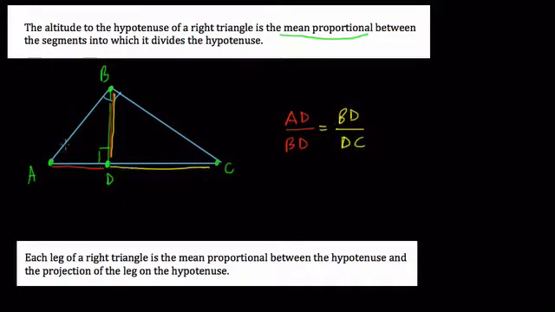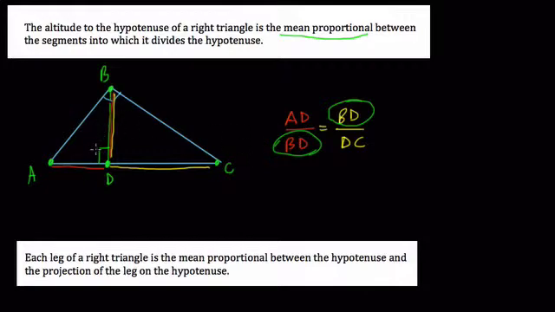You can see that in this right triangle, that was just the ratio of the two legs of the small right triangle, ABD, equals the ratio of the legs in BDC. We're just saying the ratios of the legs are equal. And it's mean proportional again because the two means are both BD, the two middle terms in the ratio, and they're equal.